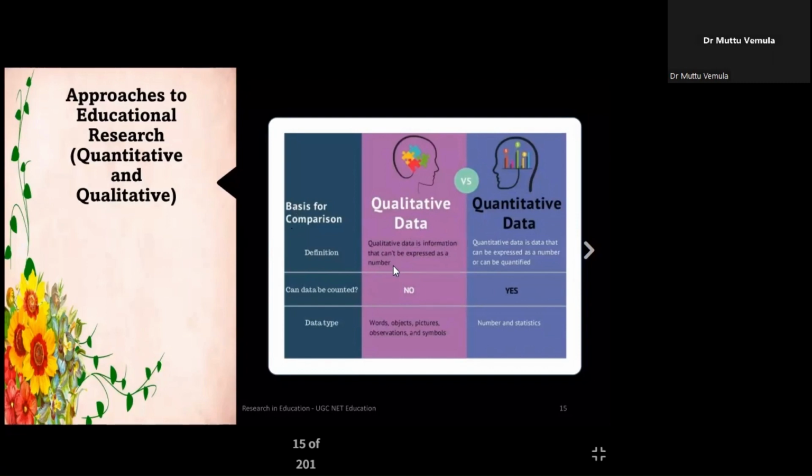For example, the scores or marks of the student can be expressed as a number: 50, 60, 70. If not marks, grades: A grade, B grade, C grade, O grade. That is quantitative data. When you can express the marks as a number or it can be quantified, this is quantitative data.